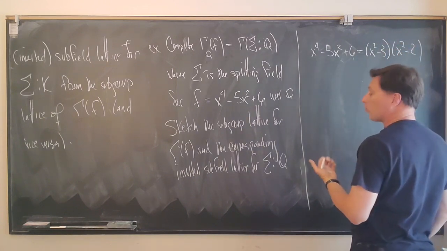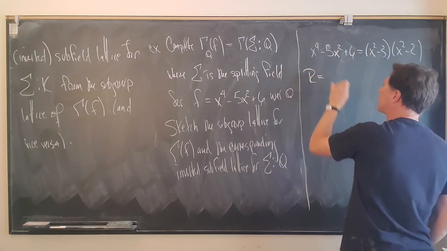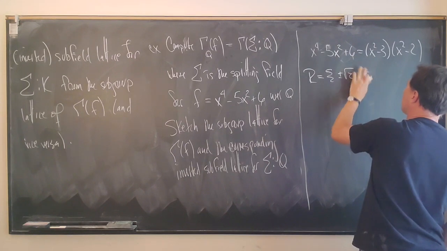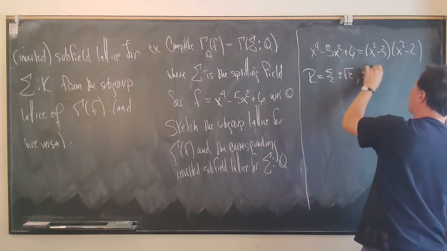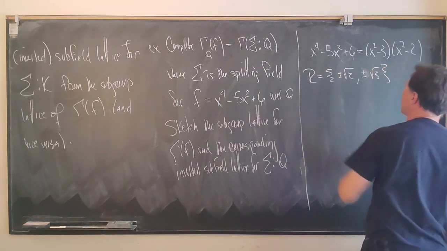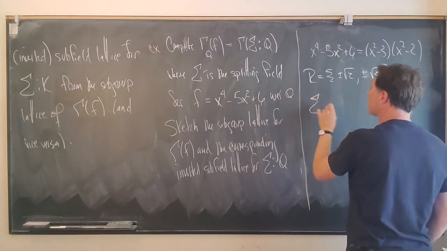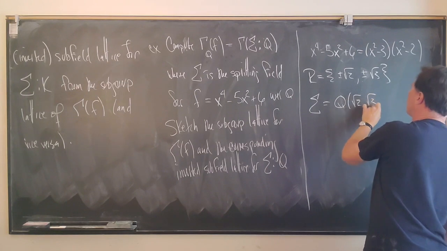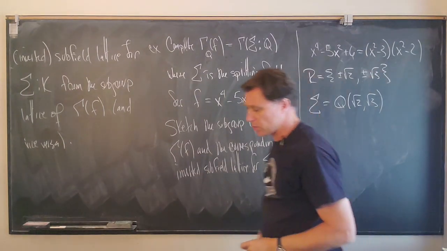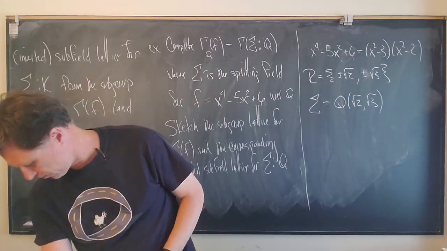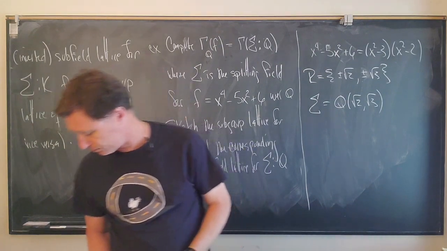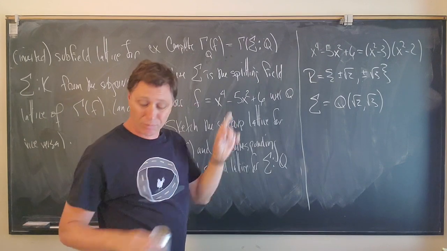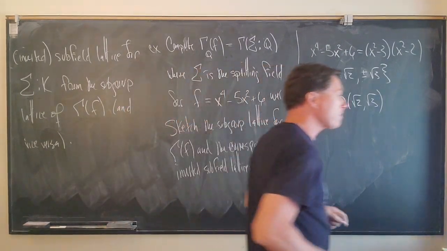And so the roots, say the set capital R, that's going to be ±√2 and ±√3, which means that Σ is going to be Q adjoin √2 and √3. We've looked at this one before. In fact, we already computed Γ(f) in a previous example.